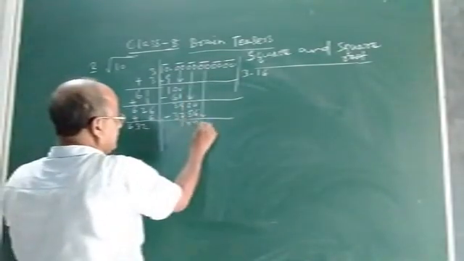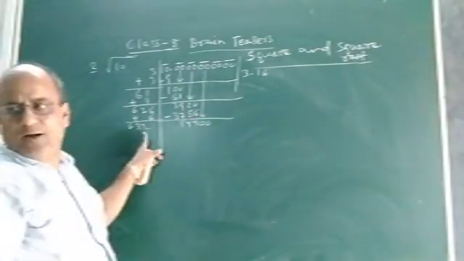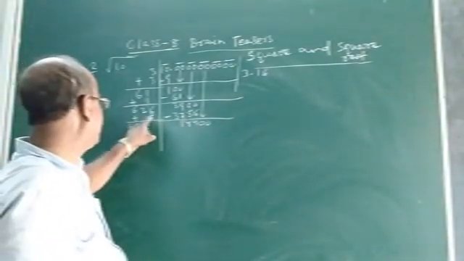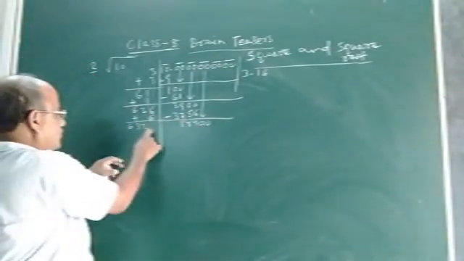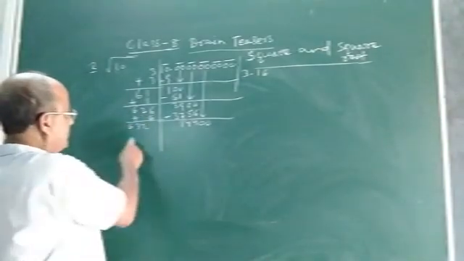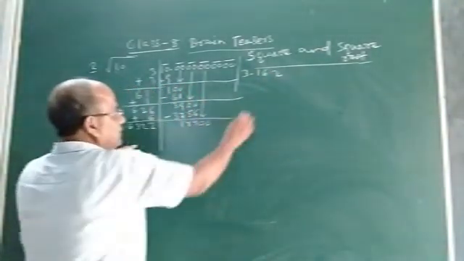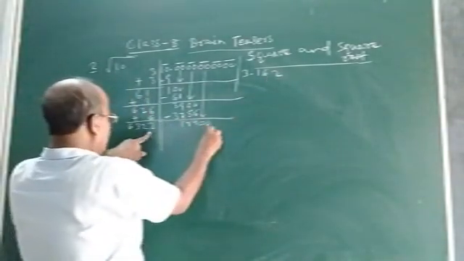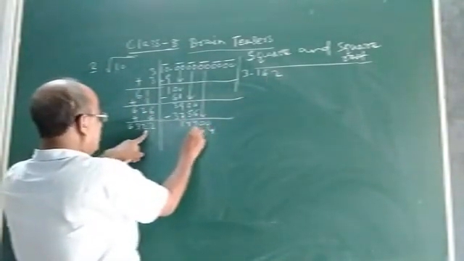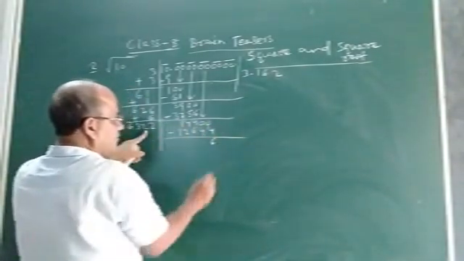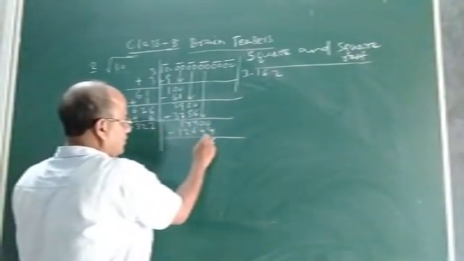This period. Now, what to put here? 6 6s are 12, 2 carry 1, 2 plus 1, 3. Now you try with 2. 2 2s are 4, 2 3s are 6, 2 6s are 12.